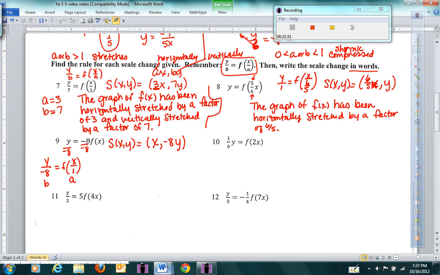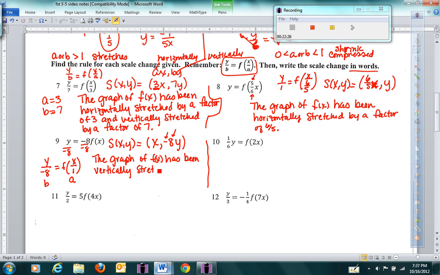Alright, so we actually have two things going on here, even though nothing's making it wider or thinner along horizontally, but we are stretching it, and then we have a negative sign that will have to indicate what kind of a reflection we're getting. So keep your note card handy that you made. We're going to say the graph of f of x has been, now nothing happened to it horizontally, we'll say vertically stretched by a factor of 8.